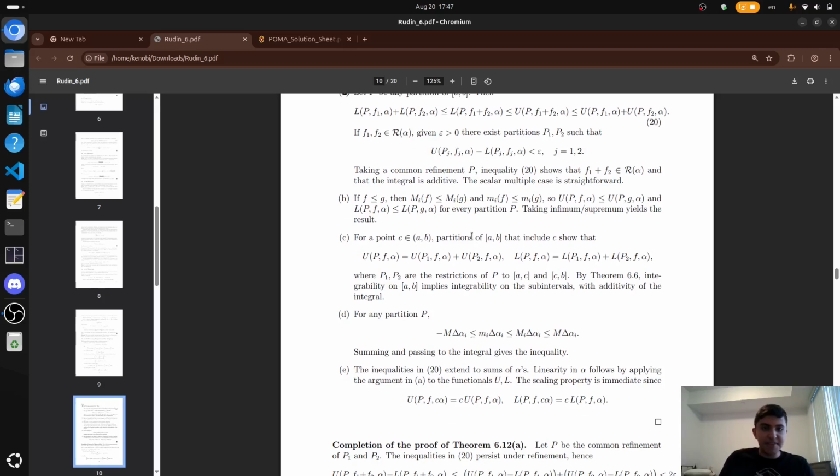Now, if f is less than or equal to g, then all the upper bounds and the lower bounds of the partition of the integral are going to be less than each other, right? So obviously the sum is going to be less than the other one, so that means the integral is less than the other one.